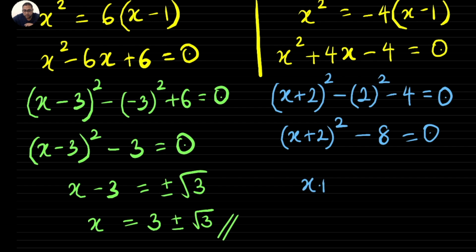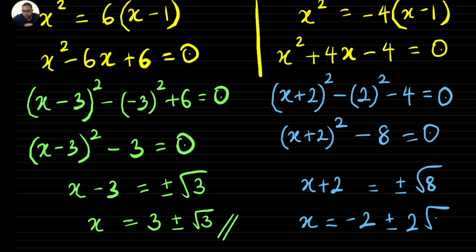X plus 2 equals plus or minus square root of 8. And when I make x the subject, I have x equals minus 2 plus or minus 2 root 2. These are your answers.